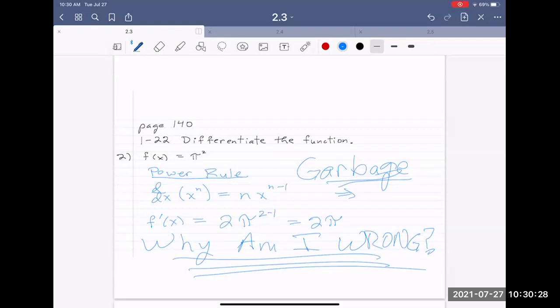What is completely wrong here? Okay, let me ask you something else. What's the derivative of 5? 0. Okay, what's the derivative of 12?